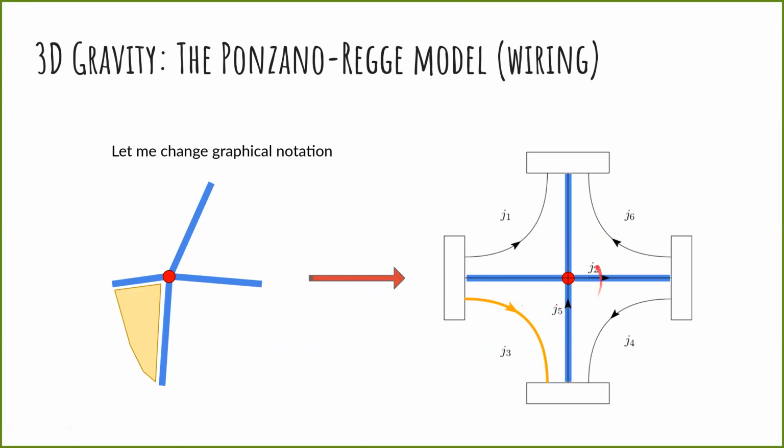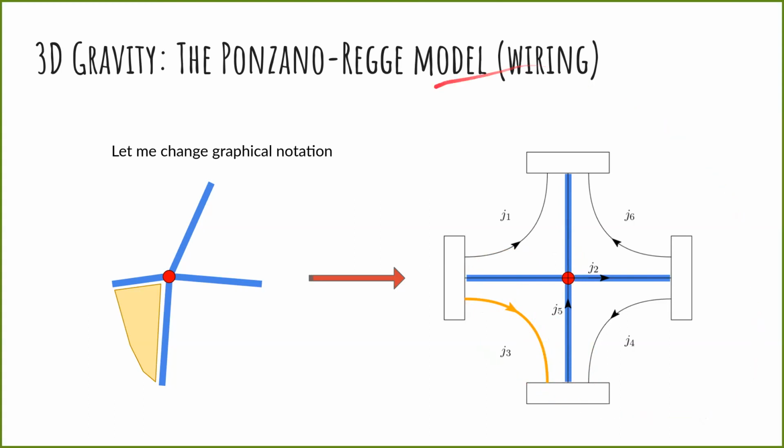Each vertex, since it's dual to a tetrahedron, has four edges, which here are represented with these boxes, and each segment is dual to a face, which here I'm representing with a wire connecting two boxes, so two edges, because each segment of a tetrahedron is shared by two different triangles.